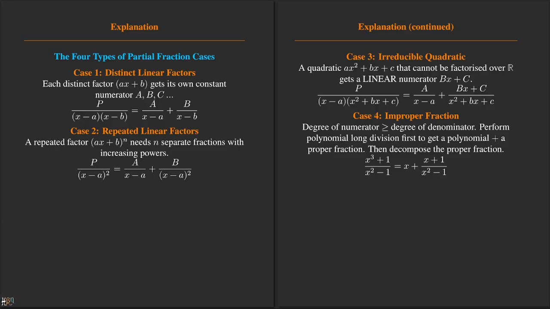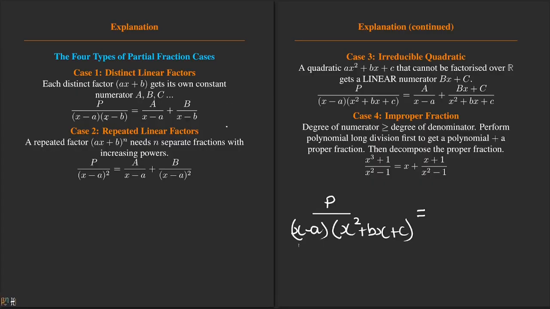Let's look at our third case. That is case 3. So if you have p over x minus a, then into bracket, x squared plus bx, and then plus c. You realize that there are two factors we have here. This first one is just a linear factor, as we considered right here.